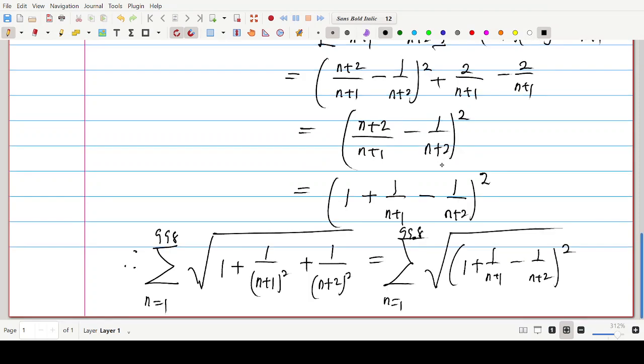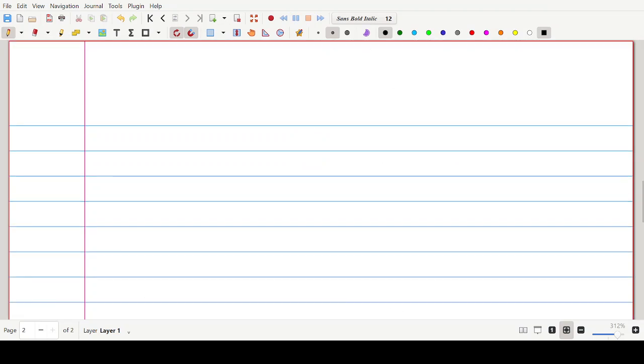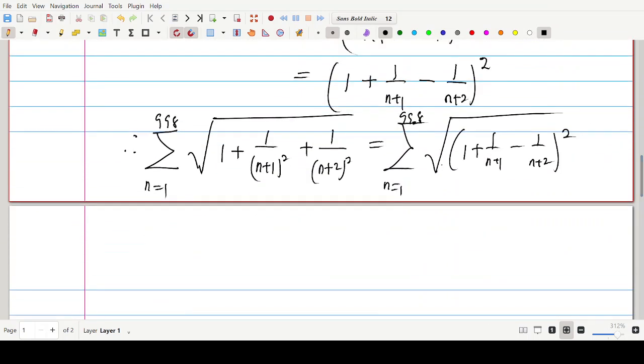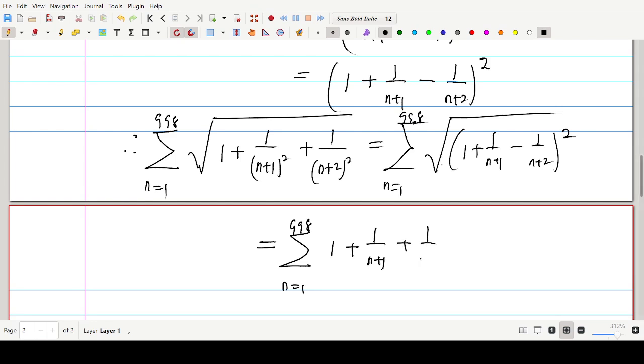Let me take more page because our page is exhausted. All right. Now, this is equal to the sum from n equal to 1 to 998 of 1 plus 1 over n plus 1 plus 1 over n plus 2 as the result.